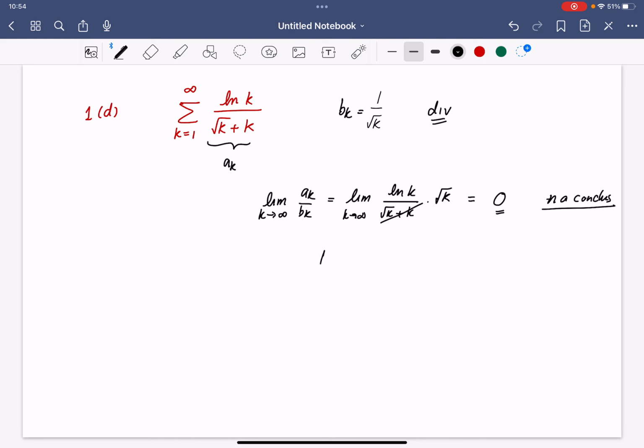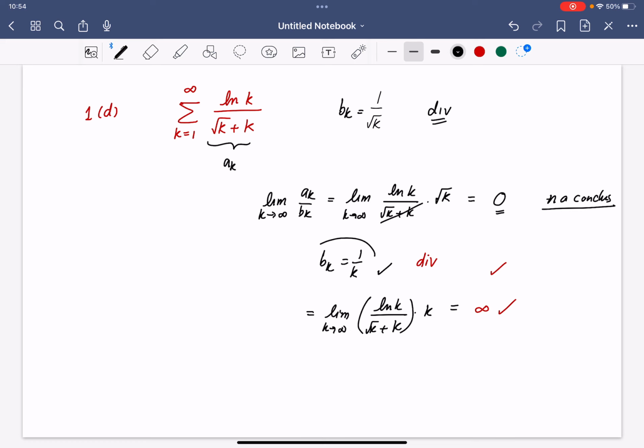But some of you pick b_k equal to 1 over k, which is smart and good, because you get log k over square root k plus k times k, and the limit is infinity, and this is divergent, so you are okay.